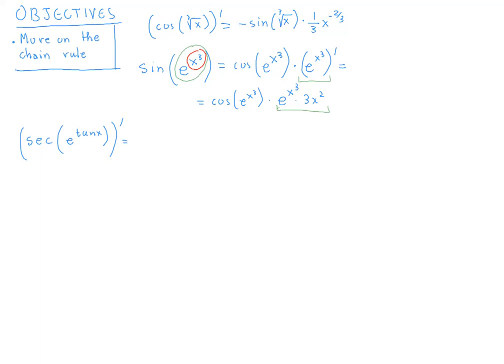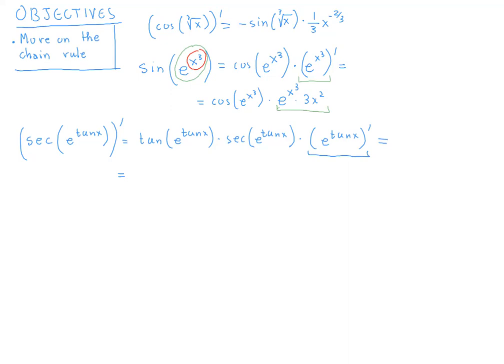So we're going to designate e to the tangent x as our inner function. So we're looking at secant of y. The derivative of secant of y is tangent of y. So I'm going to write tangent of e to the tangent x because that's what we designated as y, times secant of e to the tangent x. And we're going to multiply by the derivative of what we designated as y. And so now it's as if our problem is to do just this.